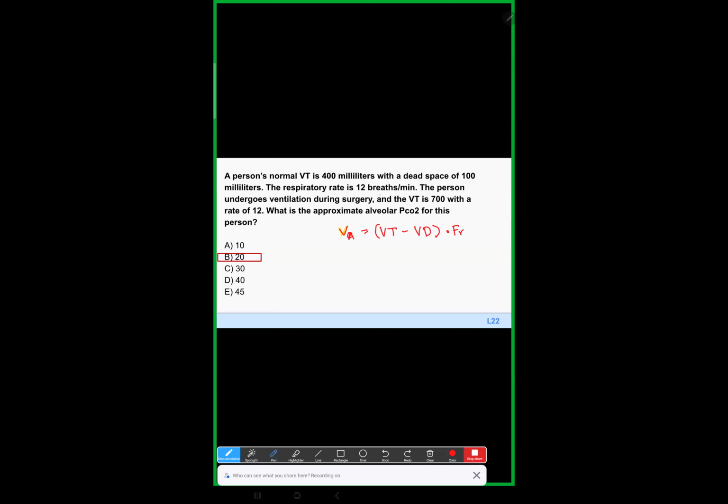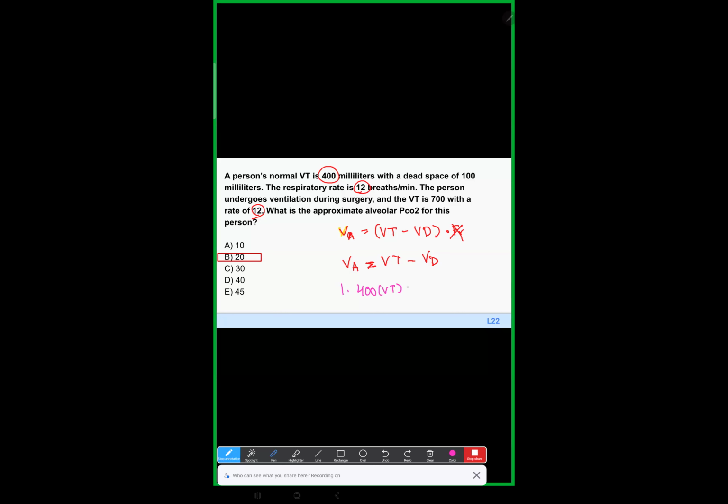Now, in this case, the frequency is the same in both scenarios, so we're just going to ignore the frequency for now. We're going to say that the alveolar ventilation is equal to the total ventilation minus the dead space ventilation. And in the first case, scenario number 1, the VT is 400.